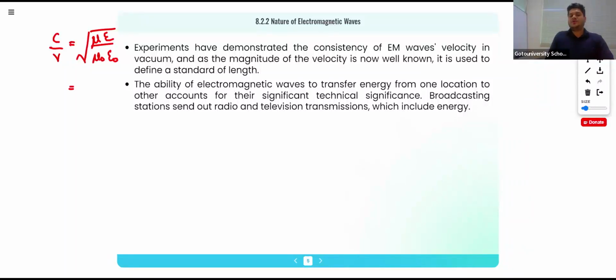So this will be equal to what? What is C upon V? Speed of light in vacuum to speed of light in medium. That will be your refractive index.